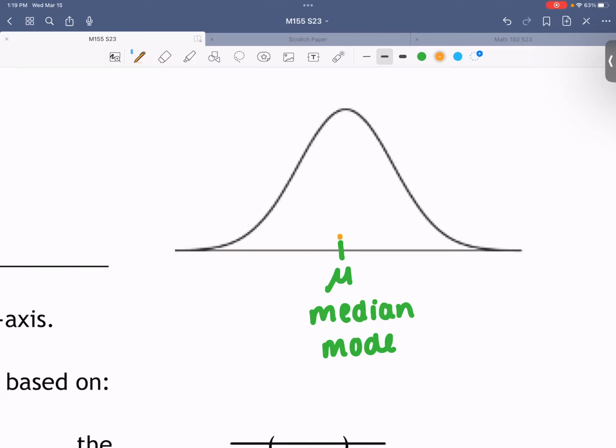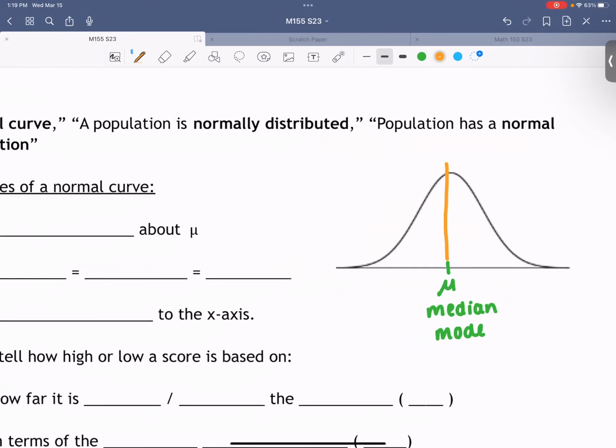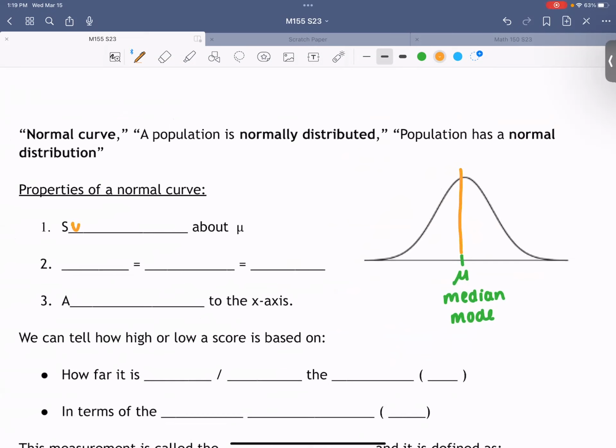Now, if I take our mean and bring it up to the top of the graph, imagine folding the graph in half around that line. It would be the same on the left and the right, right? So one thing about the normal distribution is it's very symmetric. The left half looks pretty much the same as the right half.